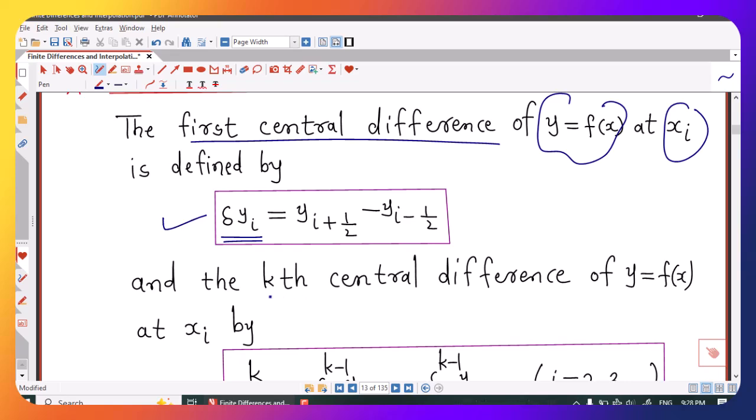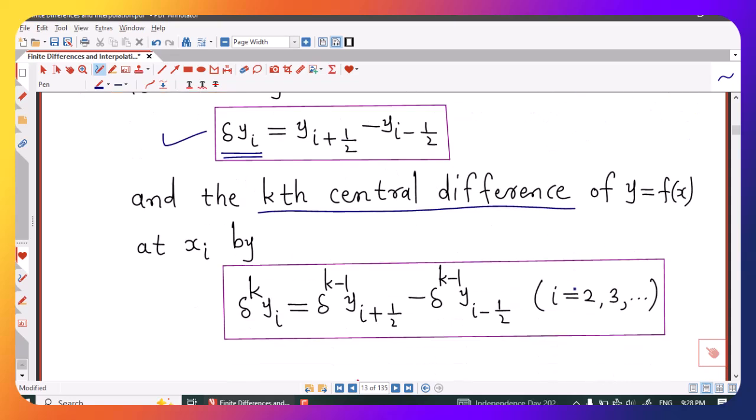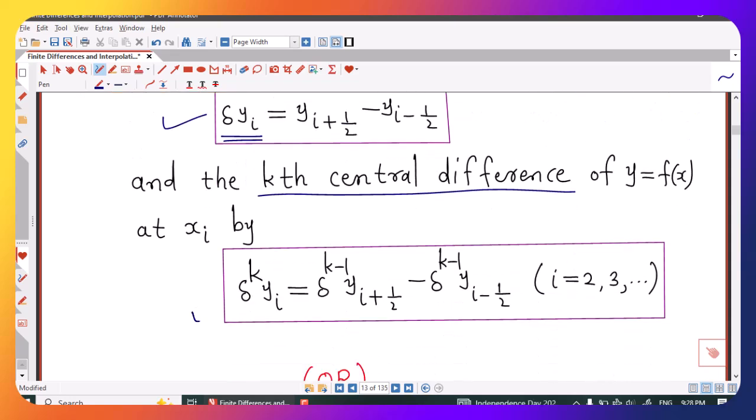We can generalize it to write down the kth central difference, and it is defined in this way. Kth central difference of function y at xi is denoted by delta to the power k yi and is defined in this way. If I have kth power here, I will consider k minus 1th power here, and y at i plus 1 by 2, and here y at i minus 1 by 2.